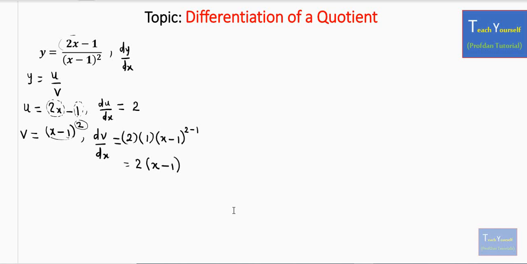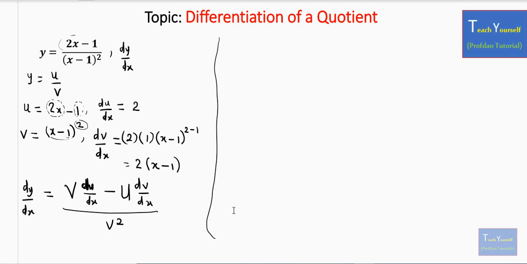Okay, so with this, all you need to do now is to remember your quotient rule, v du/dx. Take the second variable, the denominator, differentiate the numerator, minus, take the numerator, differentiate the denominator, all divided by the square of the denominator. So by so doing, we can have dy/dx equal to v.